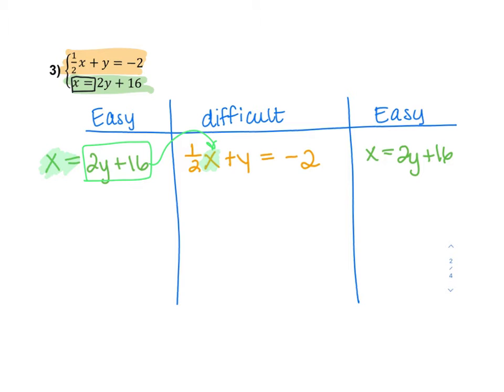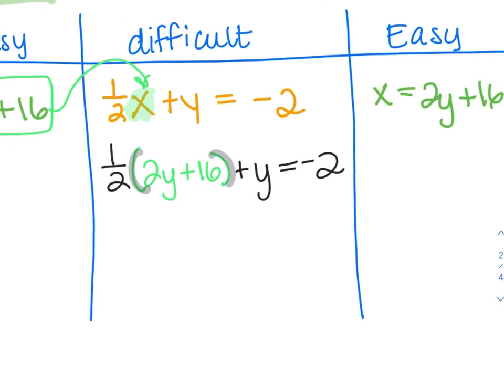So it'll be written like this: 1/2, take out the x, replace it with 2y plus 16, and then continue our equation. Now notice I put that in parentheses. Whenever you're substituting, you always use parentheses.